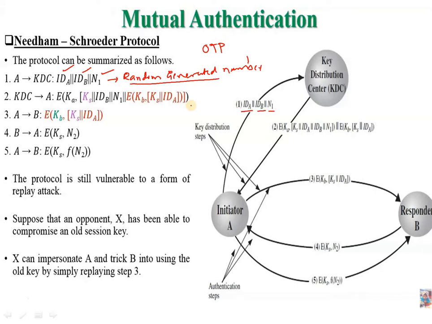Next, the KDC will reply back to A. You can see what it replies: the session key, the identity of B and the nonce.